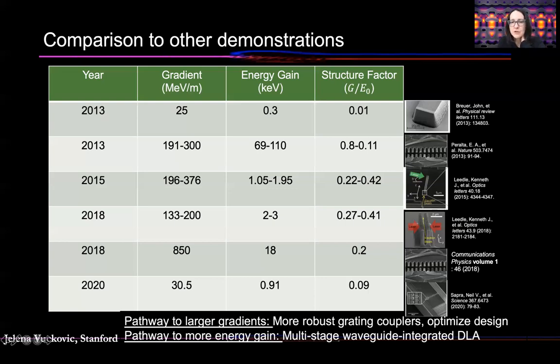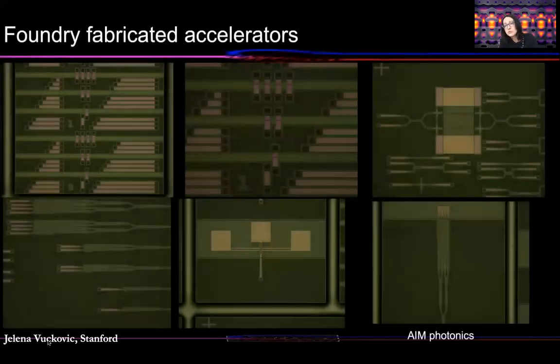And of course, to get more energy gain, you have to build a multi-stage accelerator. That's only possible with our current demonstration. It's not possible with the other previous demonstrations because they're not in an integrated configuration. But we don't really plan to do that using our university facility. Instead, we plan to do it using a foundry-based facility, which is of course possible because everything that we do is fully compatible with foundry-based fabrication. We work with silicon wafers.